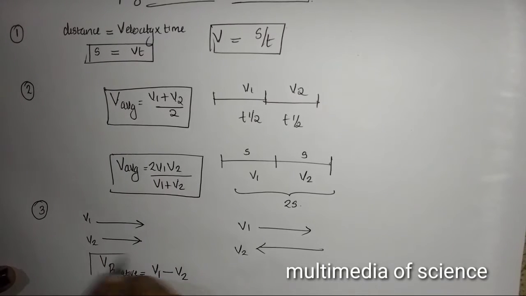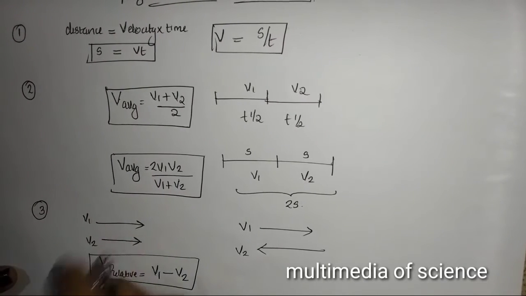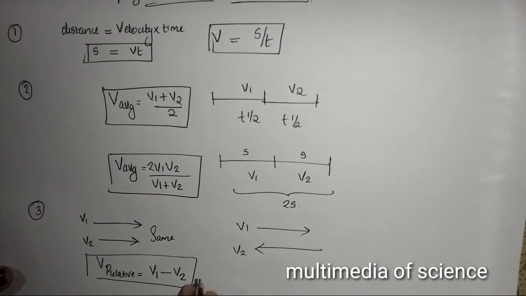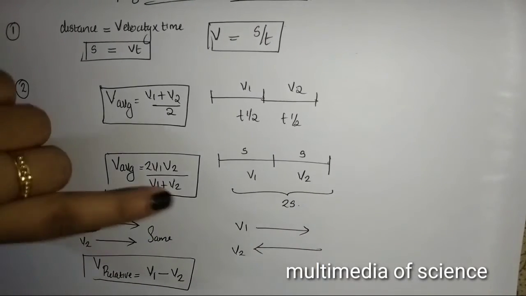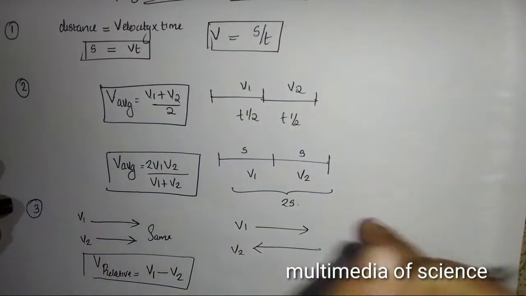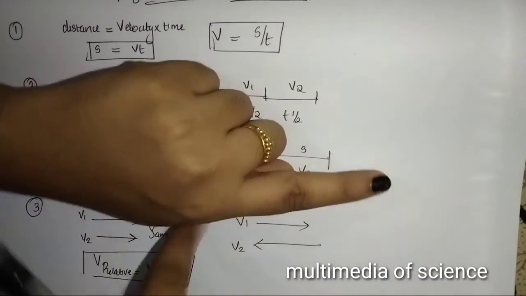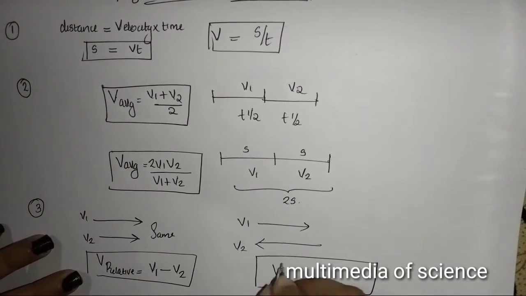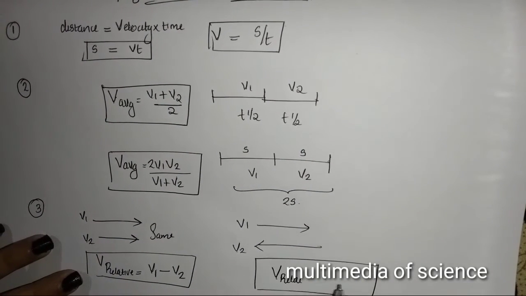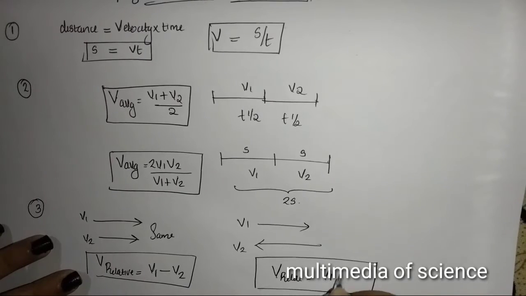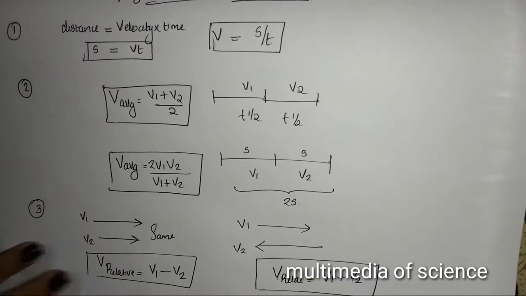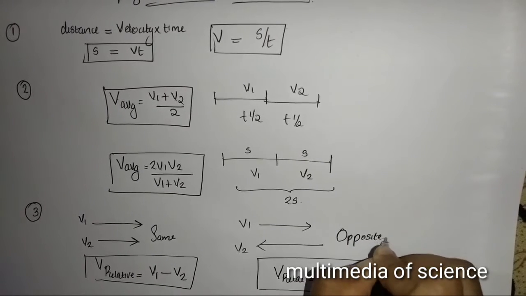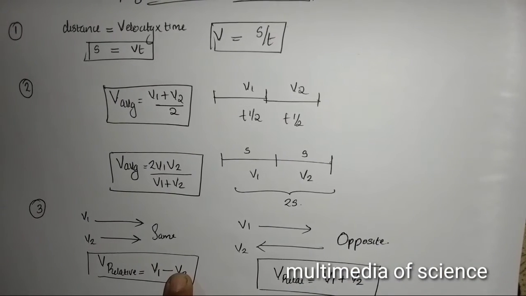Clear? If they are moving in the opposite direction, one this way and another this way, then V relative is equal to V1 plus V2. Clear? So in the opposite direction the plus sign, and in the same direction the minus sign.